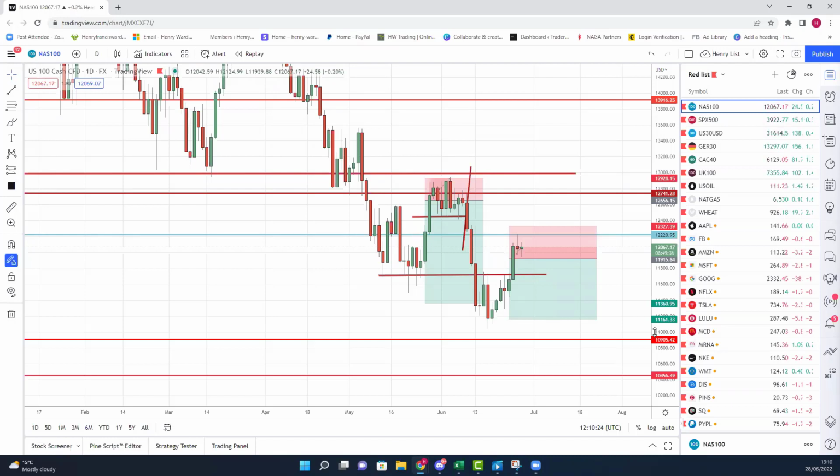Now, again, you can't guarantee whether there's going to be a winner or a loser. But remember, trading is about probability. And is probability weighted in our favor in this particular trade? Yes, it is. But before we go and take this trade, we also have to have a quick look at the likes of the S&P and the Dow, just to make sure what's going on before we take this trade.